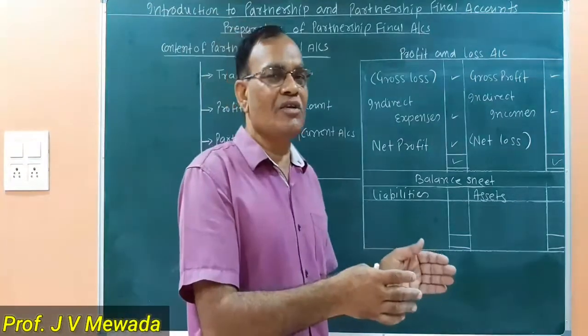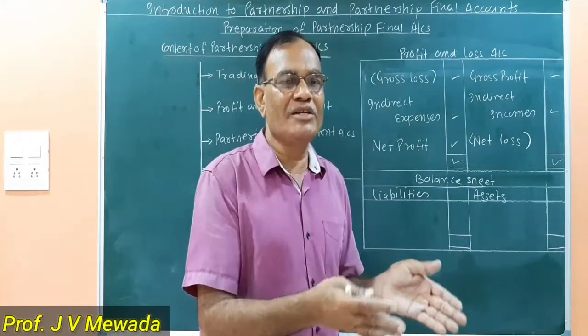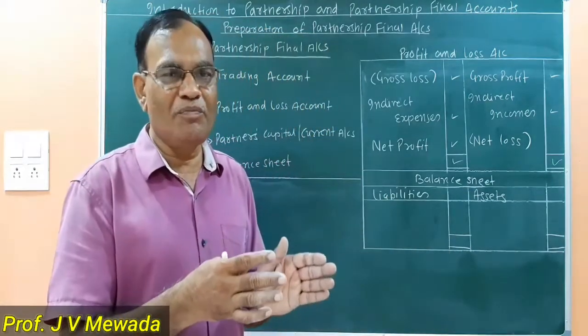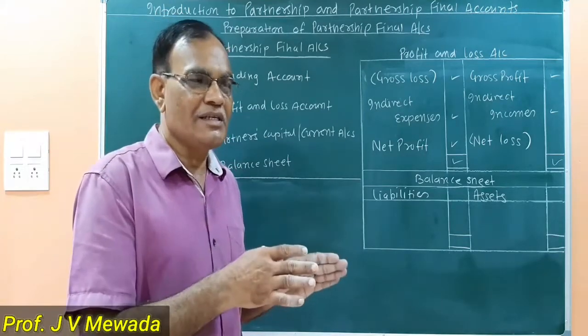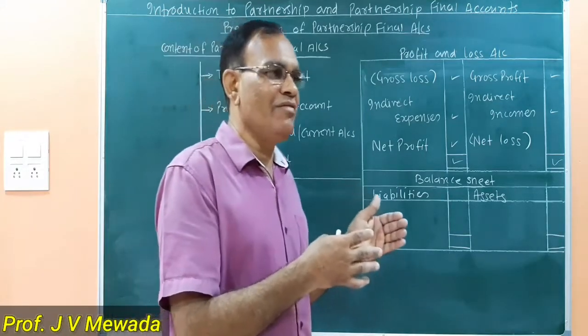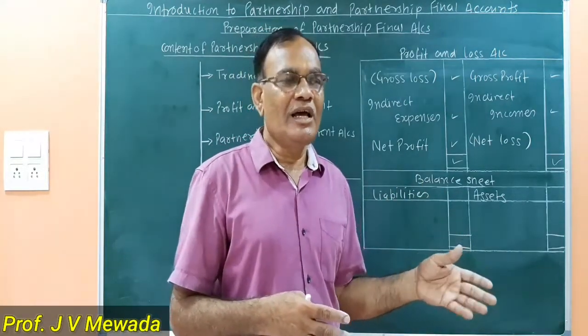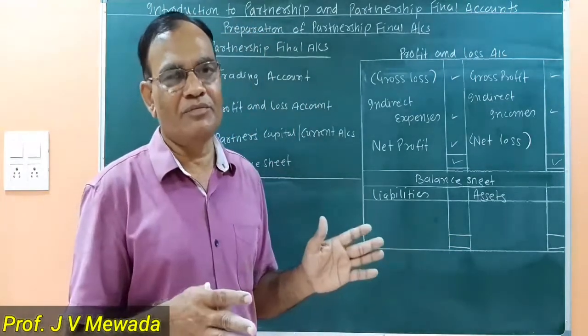Whenever we pass an entry on the credit side of a partner's capital or current account, the balance of the partner increases. And whenever we pass an entry on the debit side, the balance of the partner decreases. Whatever balance arrives, those balances are transferred to the balance sheet either on the liability side or on the asset side, as the case may be.